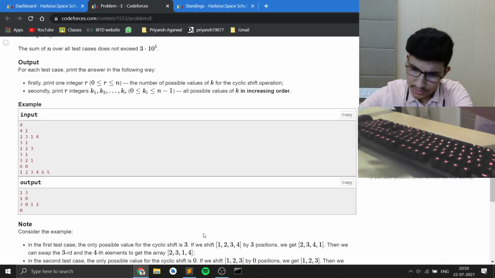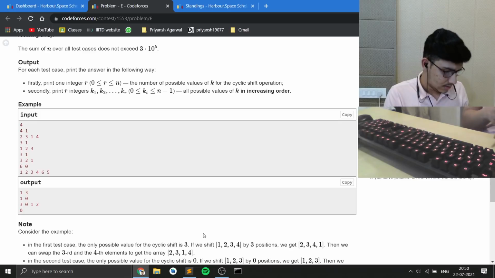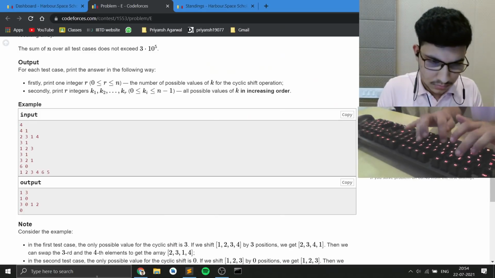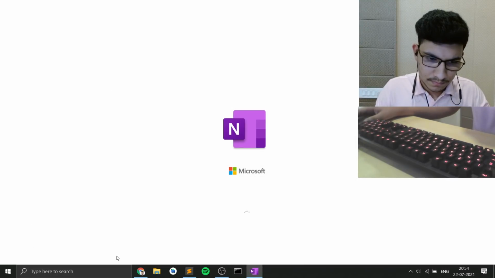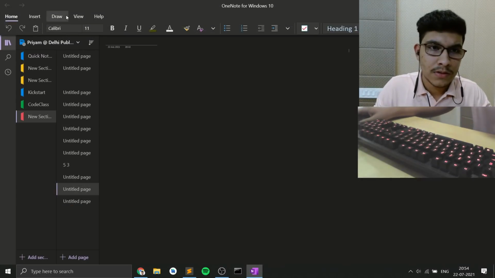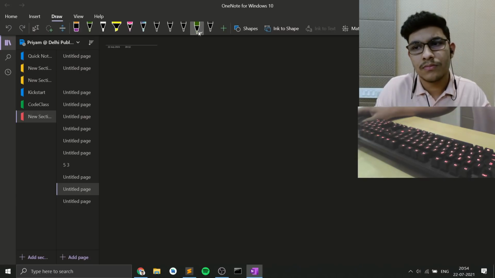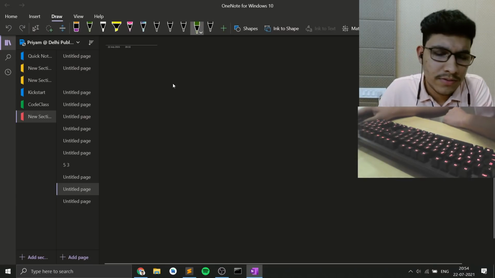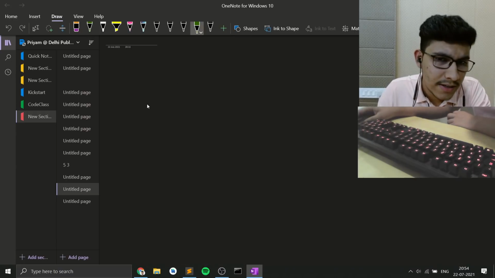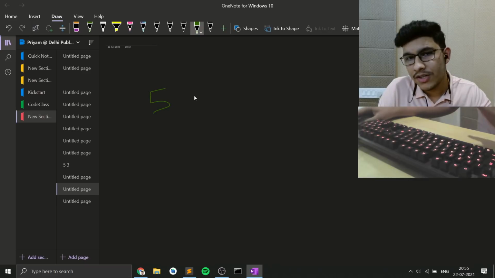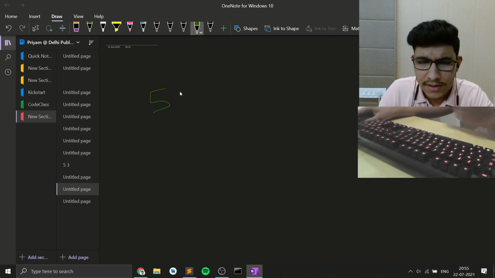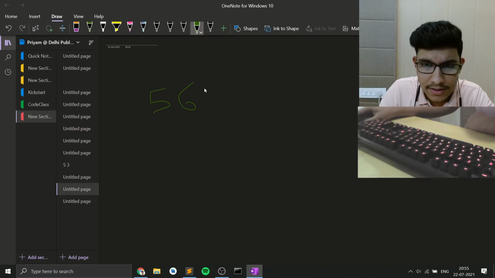Okay, let me think about this again. Okay, so here the thing is that if I have a permutation that is cyclically rotated, and if I fix the very first integer, let's say it is 5, and I know the permutation's length is, let's say, 8, then I would be having 5, 6, 7, 8, then I would be having 1, 2, 3, 4.